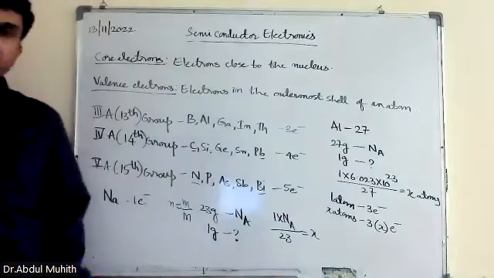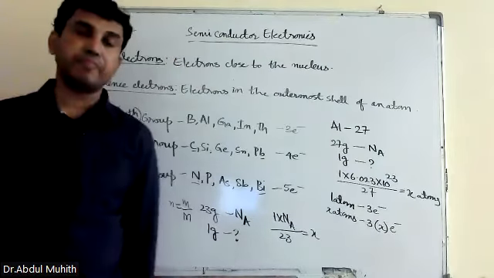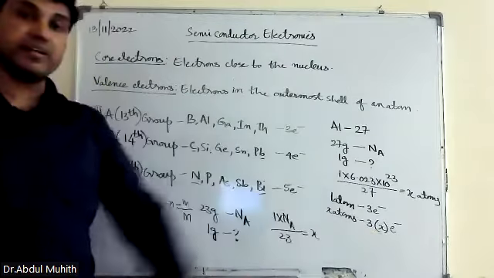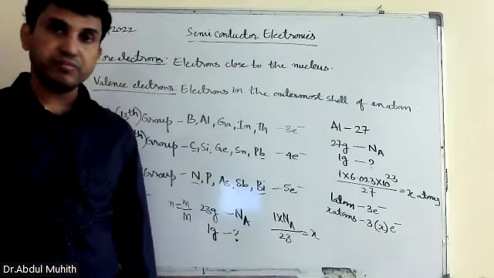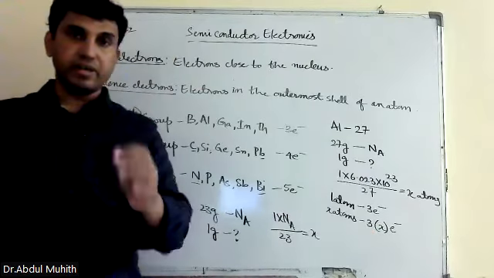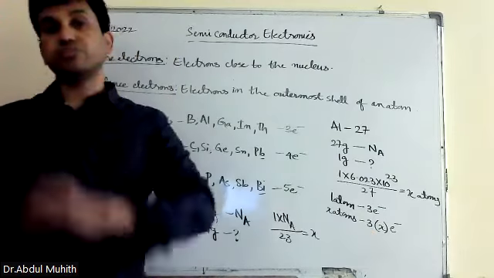So instead of writing and calculating every time, they made a simple term called band. In simple words, they say that it is a band. We have the valence band. Valence band means a band formed due to the valence electrons.